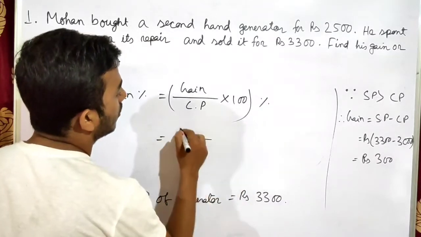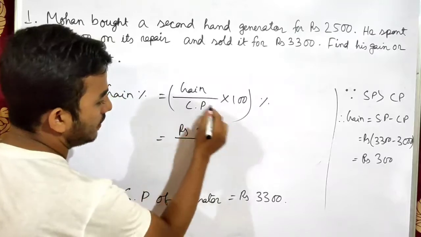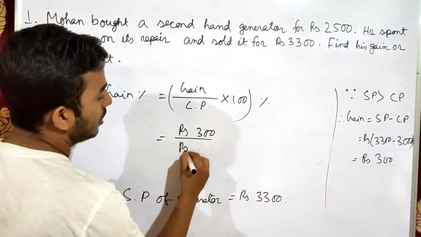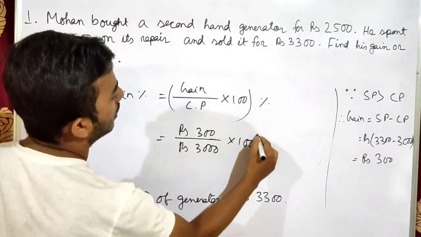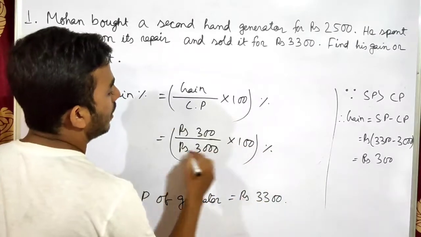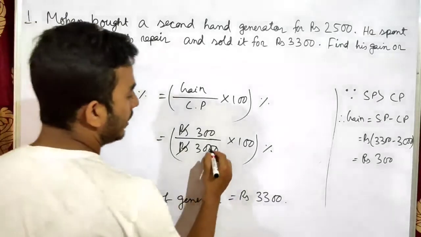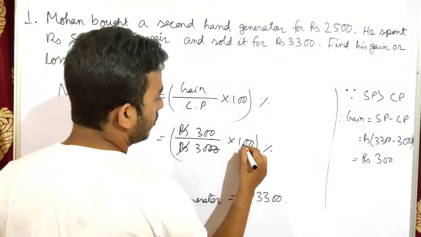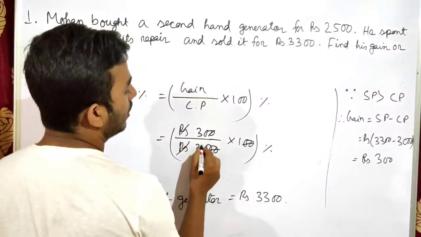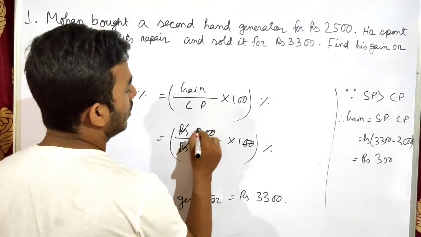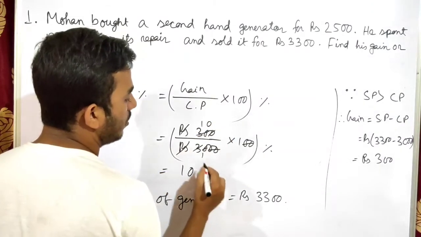So the gain is rupees 300, and CP was rupees 3000, into 100, and then the percent sign. The rupees cancel, then this 20, this 10 cancel, then 3 into 1 is 3, 3 into 10 is 30, so it is 10%.